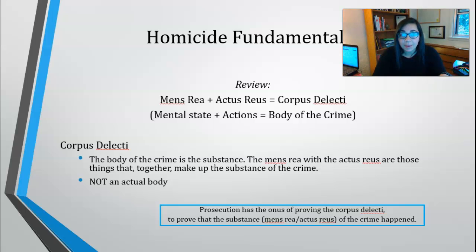Just because we're talking about homicide doesn't change the fact that the formula is talking about the body of the statute, that the mental state and the actions together form the body of the statute. So just don't get that concept confused as we're talking about actual homicide cases.